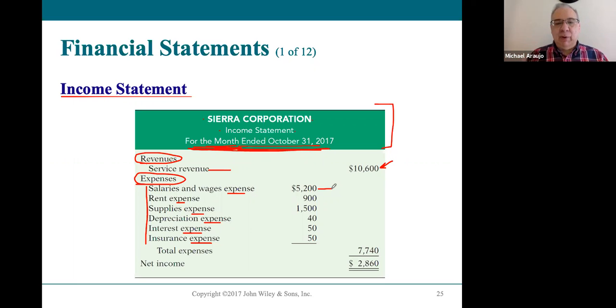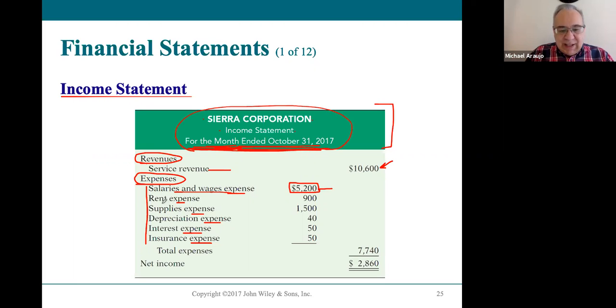So you're paying people to do the work. That's your largest expense in a service business. And so salaries and wages expense being the first one, which means that they actually spent $5,200 on salaries and wages in the month of October. Now, this only measures what happened from October the 1st to October 31st. That's it. This is the picture here.